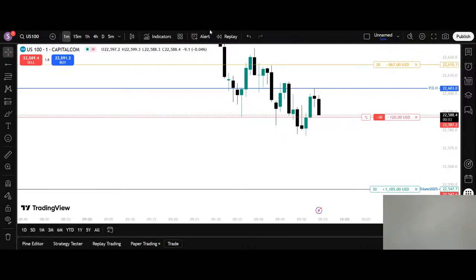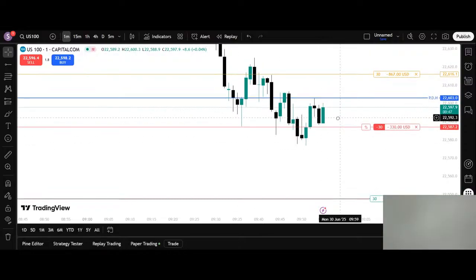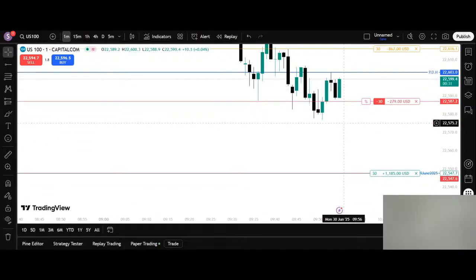Let's just wait for it. It did close the FVG, but the next candle went up quickly. I would love to see some downward momentum. I don't like this holding out.